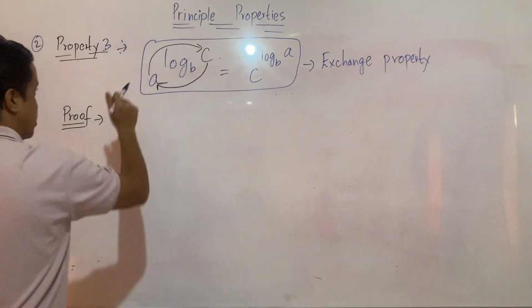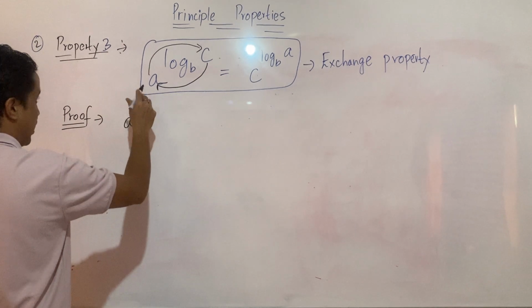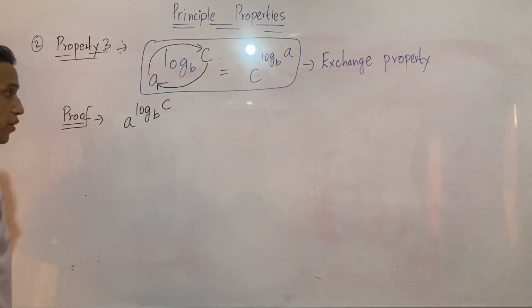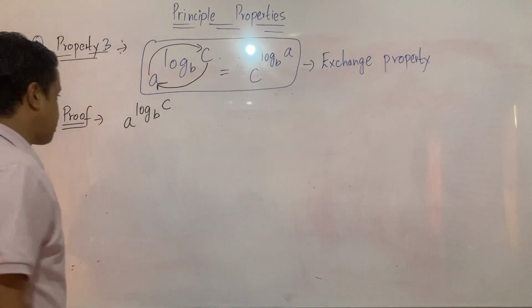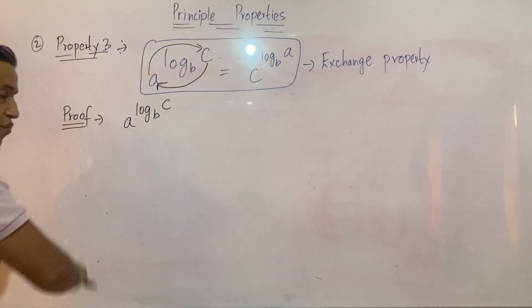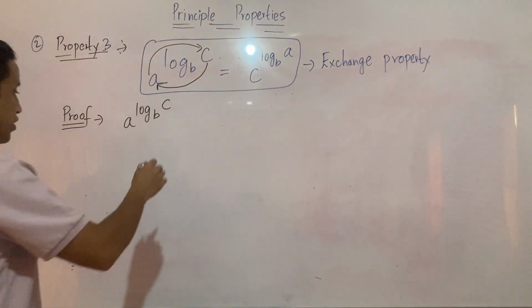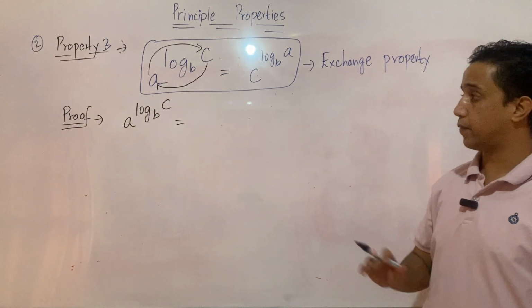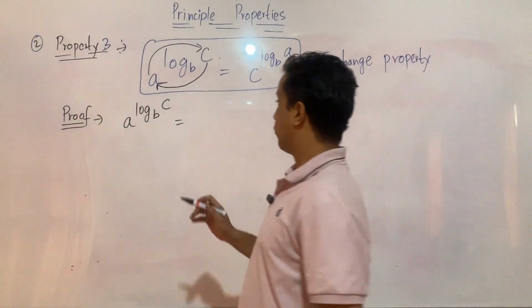So we'll start with this: a raised to the exponent log c base b. Okay, now this is our left hand side. Okay, now if we are going to change its base by applying the base changing theorem, what would happen?